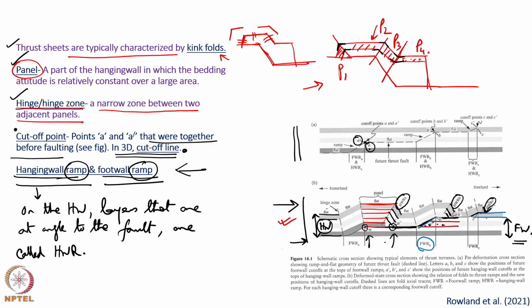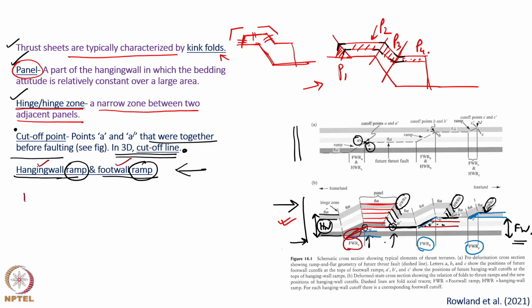This is the layer in the foot wall and this is the fault plane, they are at an angle. So, only this portion can be called a foot wall ramp C. Similarly, here this is the layer and this is the fault plane and I find an angular relation, therefore, this is foot wall ramp A. In this way, the hanging wall ramp and the foot wall ramp are explained.